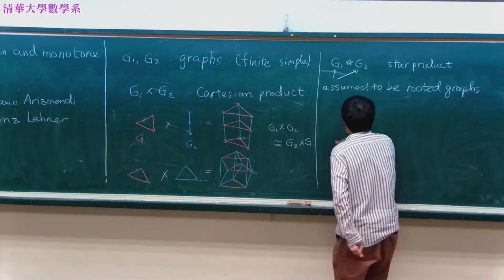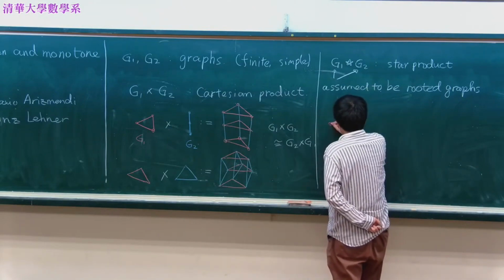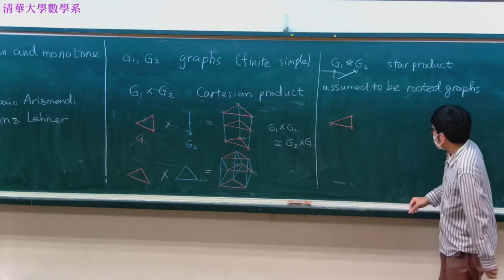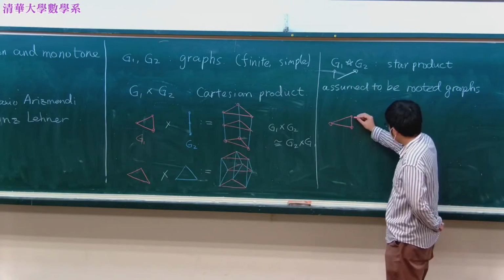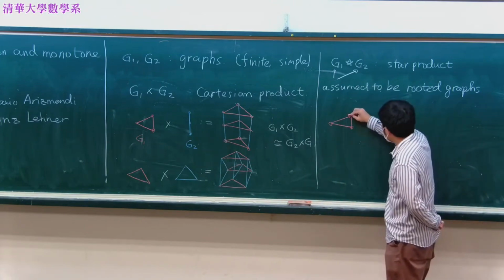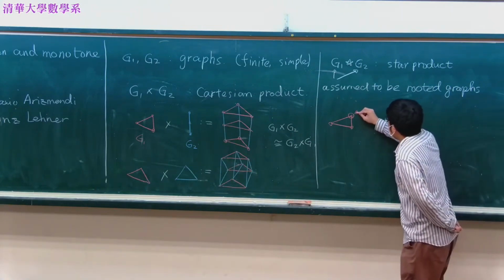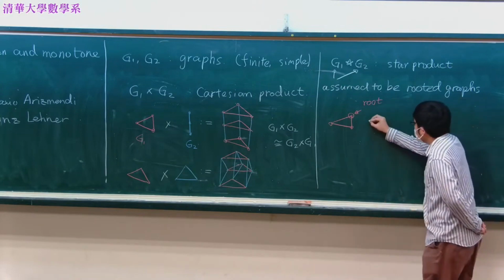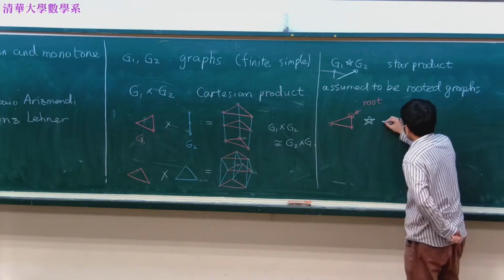For example, this is G1, and let me specify a root by another circle here. This is called the root. The star product is actually very simple.